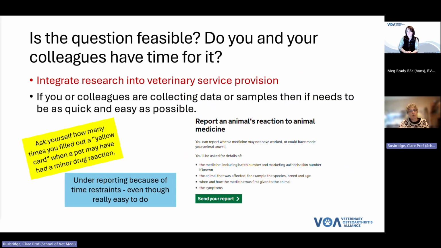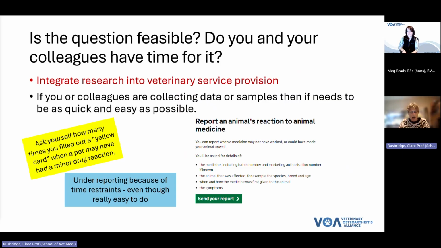You might do it if the animal died, but even for a minor vaccine reaction, did you do it? And this is because it takes time, even though they make it as easy as possible. And these drug reactions are massively underreported. So I use that as an example because that is asking a busy vet to go and do something and remember to do it after they've done all of their consults, after they've filled up those drug requirements.